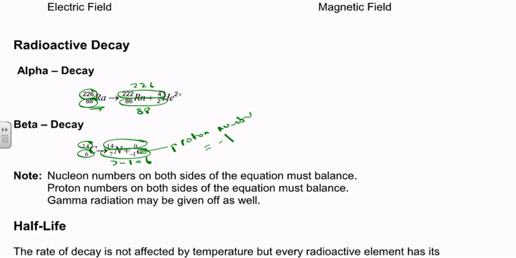That's because the actual beta particle comes from the nucleus. So here's our nucleus. There's protons, neutrons, proton, neutron, proton. Now what happens is your neutron splits into an electron that leaves behind a proton.